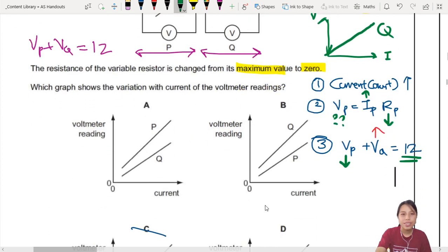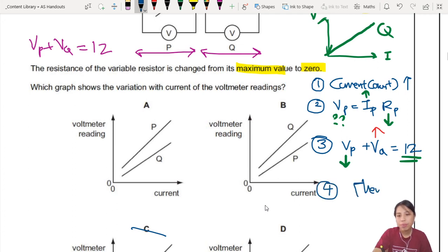So to relate current and Vp, you can say therefore, when your current increases through P, this is for the potentiometer, then your Vp actually is decreasing.